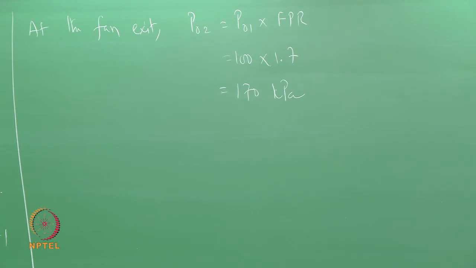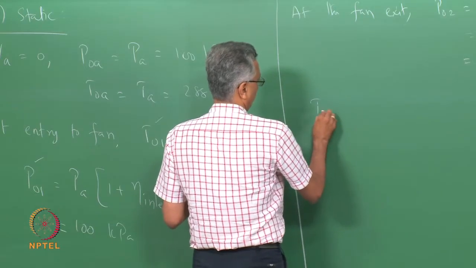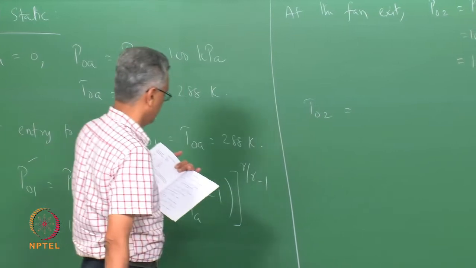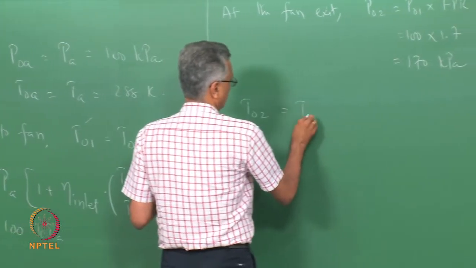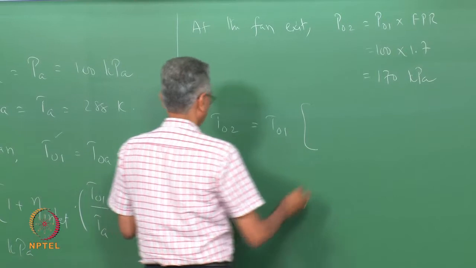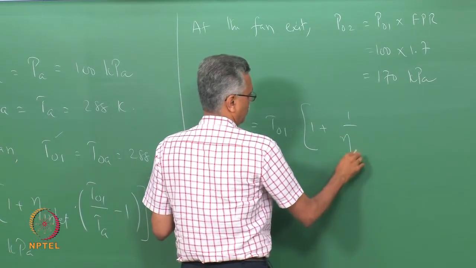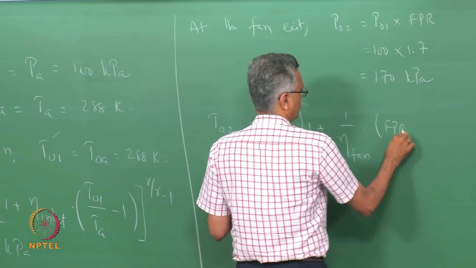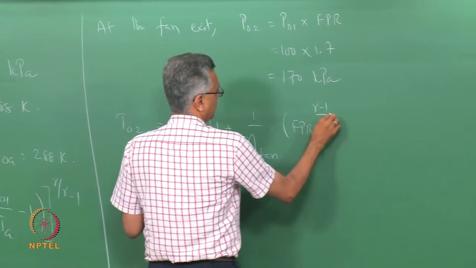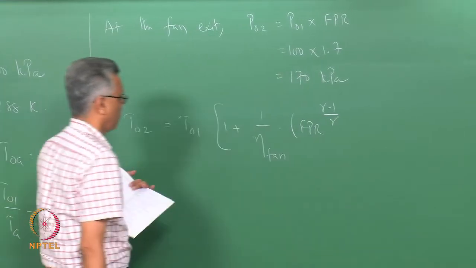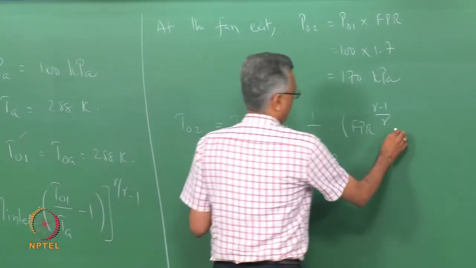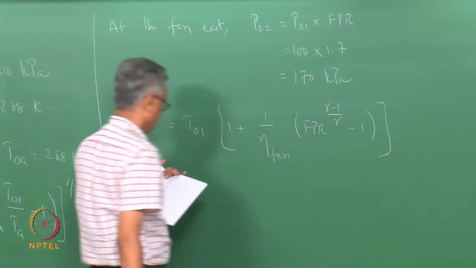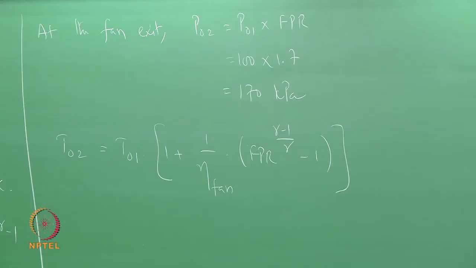Now we can evaluate T02 from the expression for isentropic efficiency for the fan and the isentropic relationship itself. So T02 is equal to T01 times 1 plus 1 over eta fan times fan pressure ratio raised to the power gamma minus 1 over gamma, minus 1.